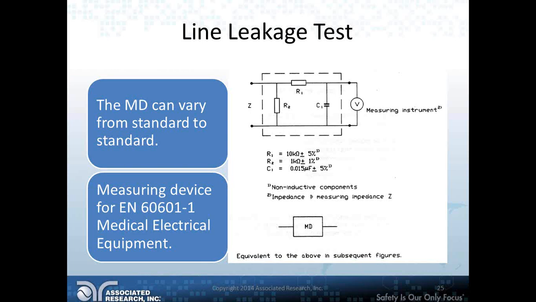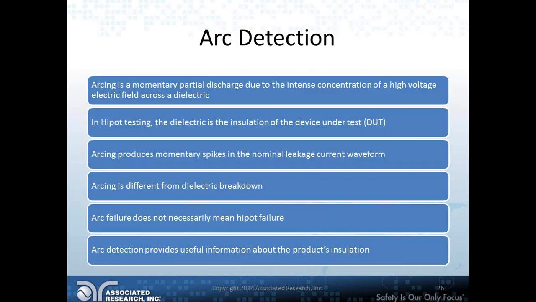Basically, arcing is defined as a momentary partial discharge due to the intense concentration of a high voltage electric field across a dielectric. Now, dielectric again in this case is the insulation of the product that's being tested.